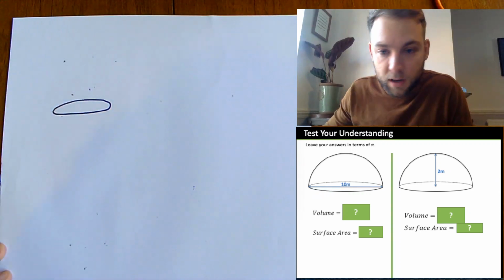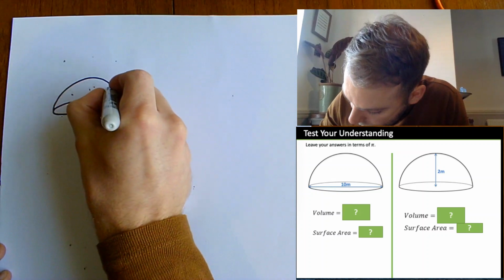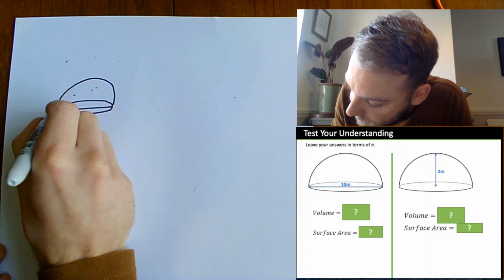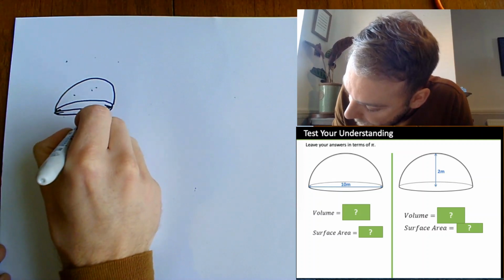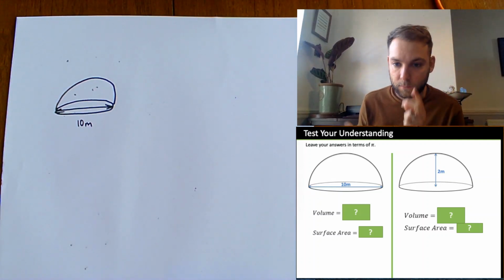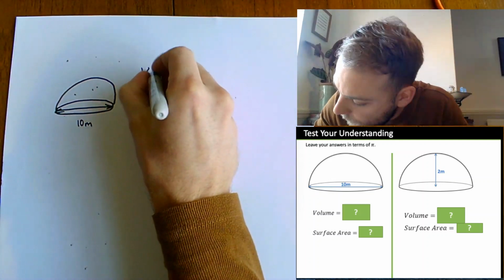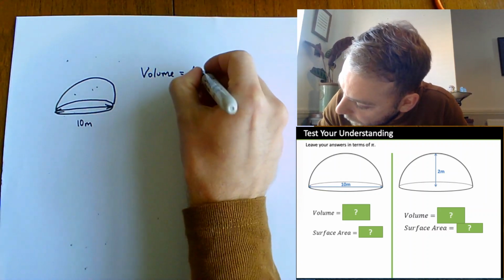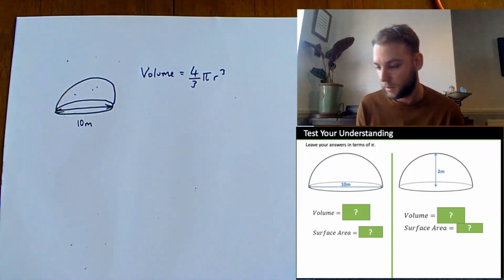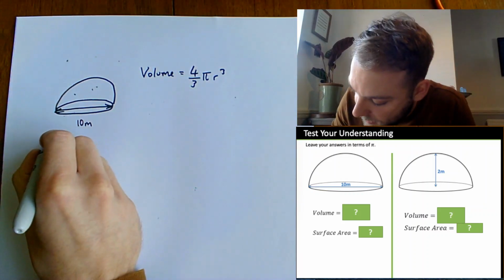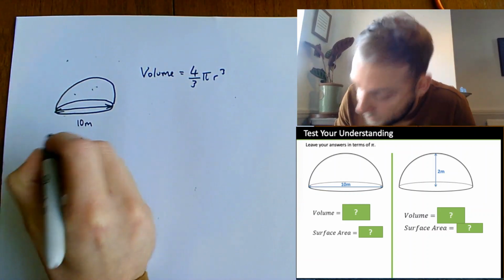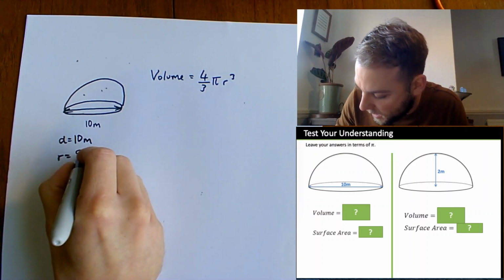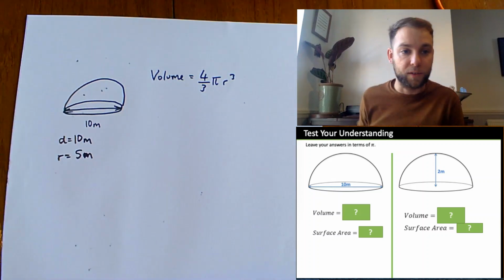So here we've got our hemisphere, like so. We've got this one here, which is 10 meters in this case. So I'm going to use the volume, which is 4/3 pi r cubed. First thing I'm going to do is my diameter. My diameter is equal to 10 meters. My radius is 5 meters, so it's only half of that.